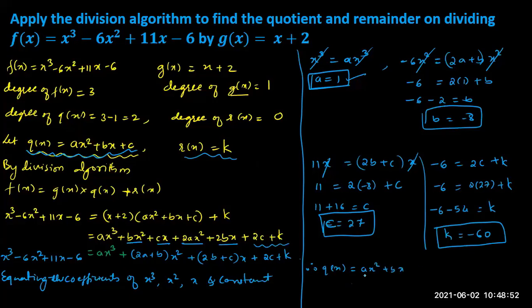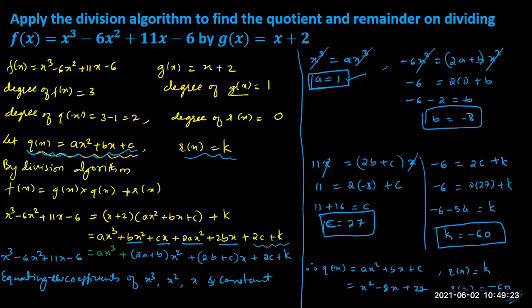A is 1, you can write it or leave it, so it is x square. B is minus 8, so minus 8x, and c is 27, plus 27. And r of x is equal to k, so r of x is equal to minus 60. So these are the quotient and remainder. Is it clear?